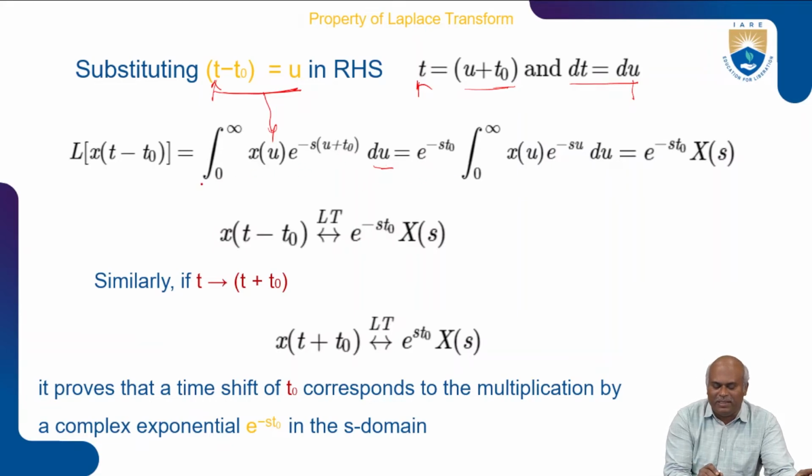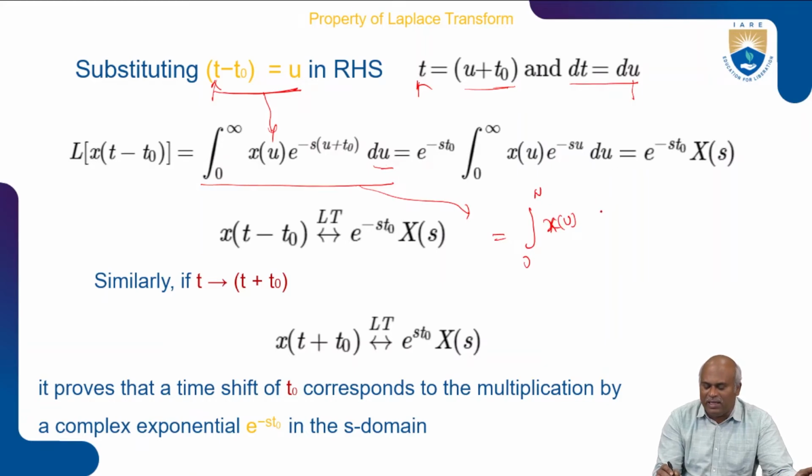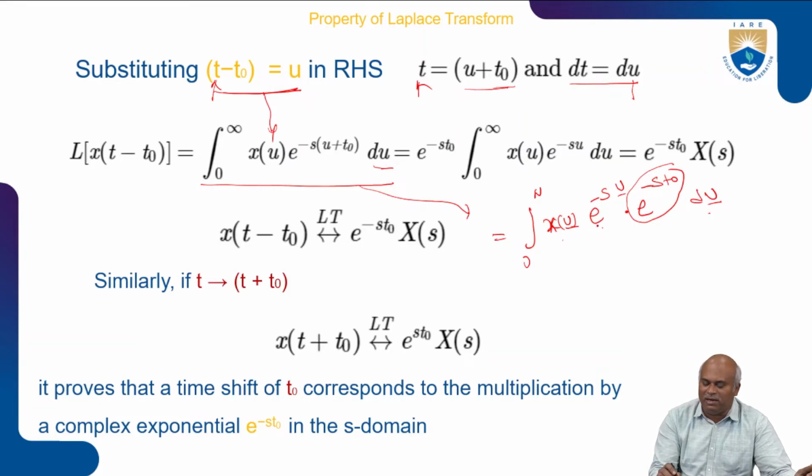Now I can split the exponential. I write the integration from 0 to infinity of x of u, e power minus s u into e power minus s t0, du. The term e power minus s t0 is not related to u, whereas all the other terms, the input, the exponential and the differential, are in u. So I take it out: e power minus s t0 times the integration from 0 to infinity of x of u e power minus s u du.